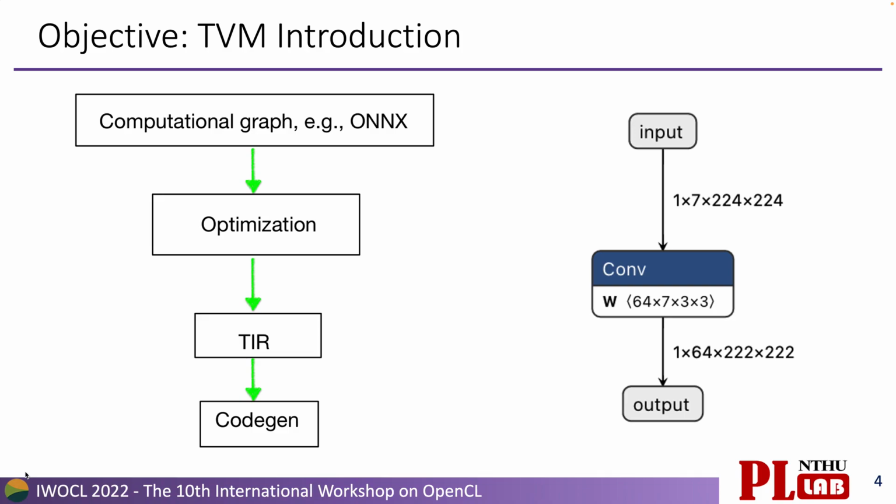Finally, the codegen module would consume the TVM internal representation (TIR) and outputs, in this case, an OpenCL kernel.